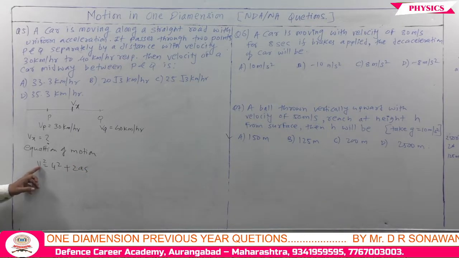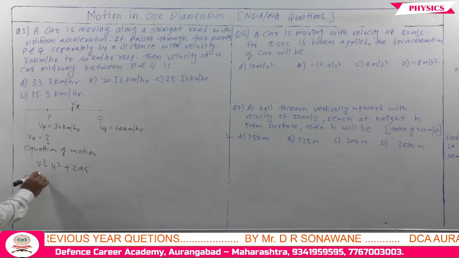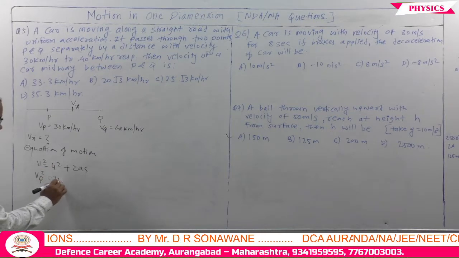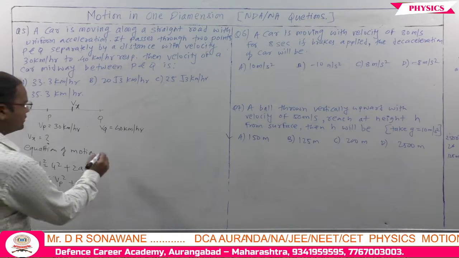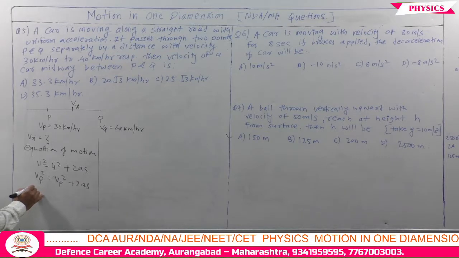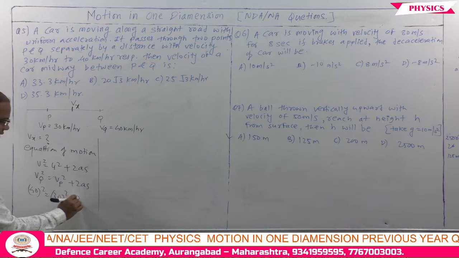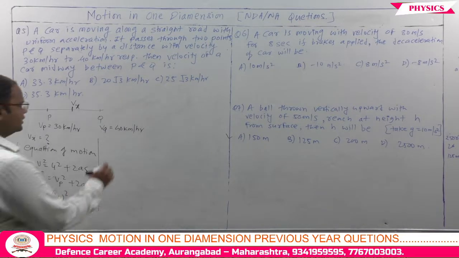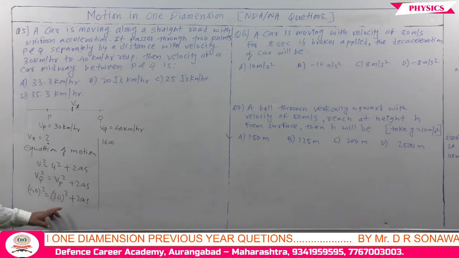As we have v and u, if we consider the final velocity as Vq, then Vq square equals Vp square plus 2as. If we put in the values of Vq and Vp, 40 square equals 30 square plus 2as. We know that 40 square is 1600 and 30 square is 900.